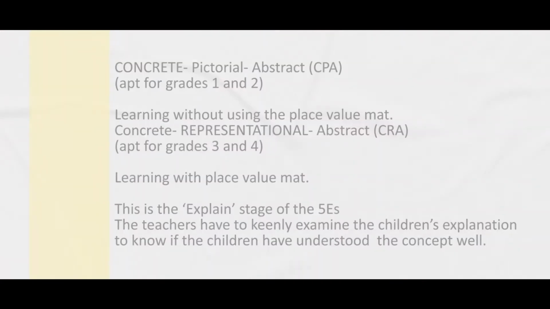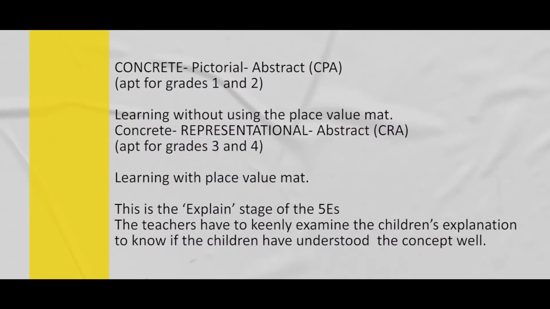Pictorial or the representational method is followed to teach children of first and the second grades because the concrete phase might be a bit difficult for the children of smaller age to follow. With the help of these three learning tools, let us look at the method of teaching addition to children of the first and the second grades using CRA method.